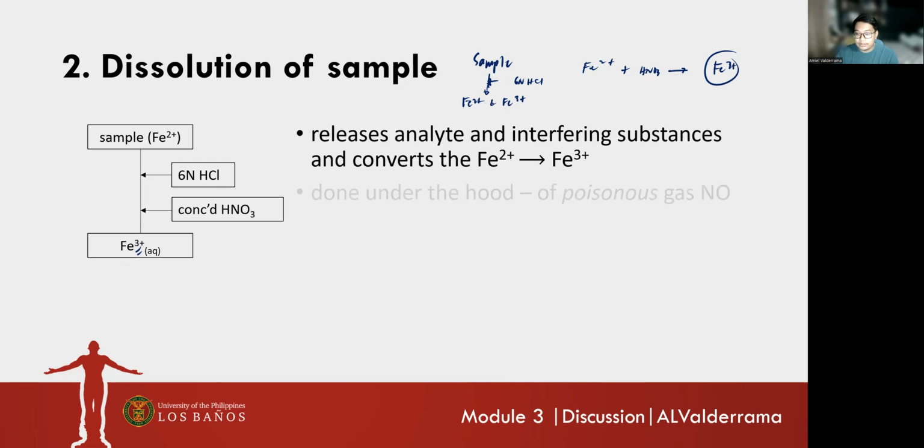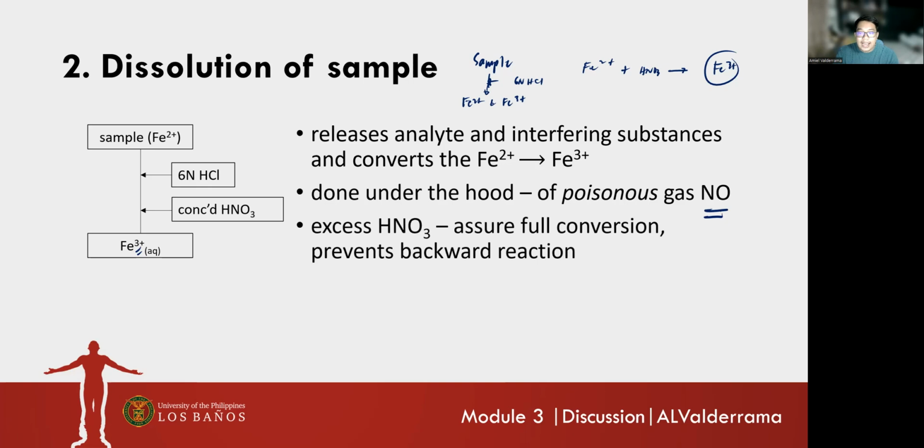of iron. Okay? And the addition of nitric acid must be done under the fume hood since the addition of it to your ferrous ion has a subsequent consequence of producing a poisonous gas in the form of nitrogen monoxide.